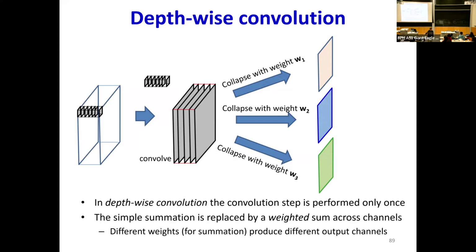Now instead of summing up the convolutions directly, every channel of this filter is going to be convolving the corresponding channel of the input. So here I would be computing 7 channels, right? Instead of simply summing them up, I would do a weighted sum. And the difference between the output channels is simply going to be the manner in which I weight the individual channels before summing them up. So here too, I'm getting 3 output channels, but the number of computations has been reduced by a factor of 3 because I'm doing the channel-wise convolution only once. And the weighted sum is a very trivial computation, right?